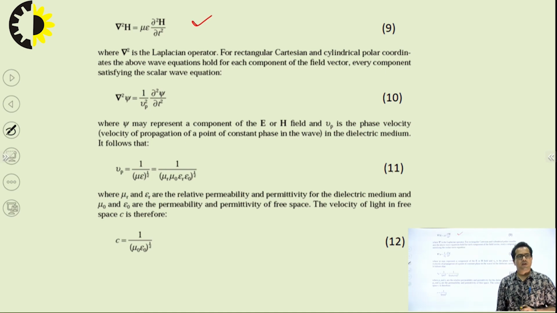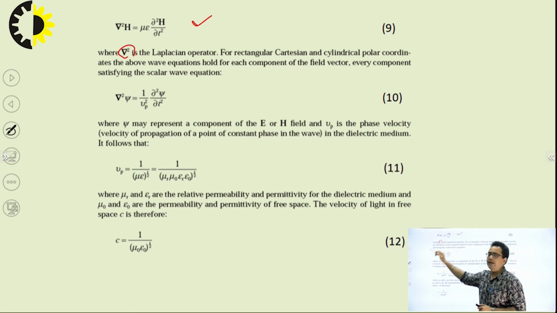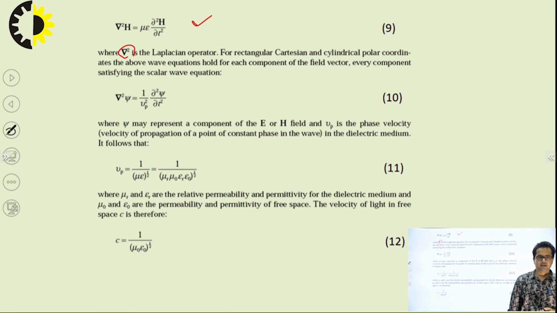This del square expression is also called the Laplacian operator, and for rectangular Cartesian and cylindrical polar coordinates the above equations hold. Similarly, we know that phase velocity is inversely proportional to the square root of mu epsilon, and mu can be written as mu 0 times relative permeability.